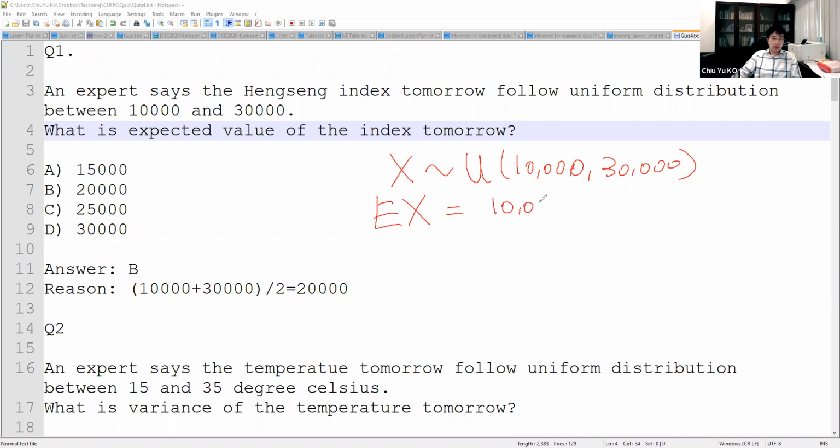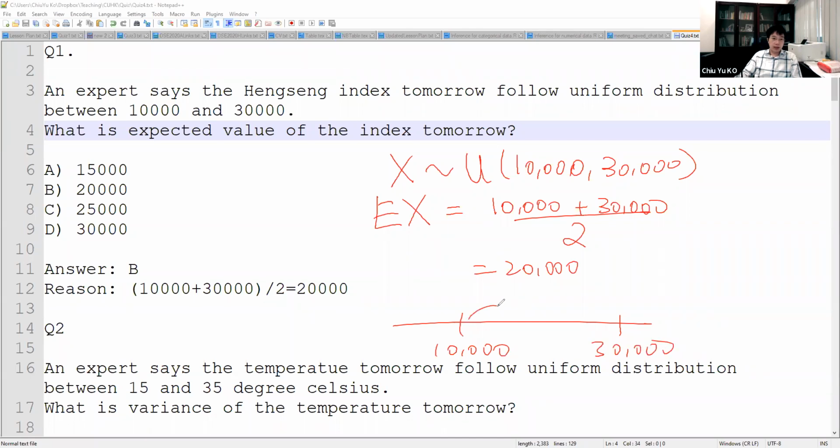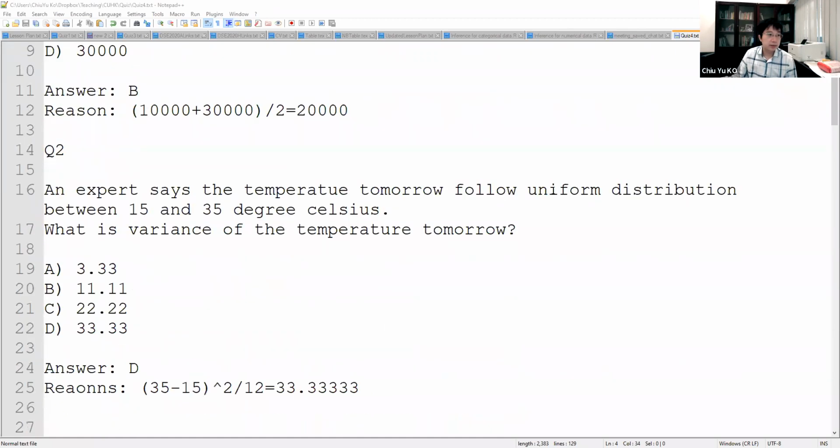Just 10,000 plus 30,000 divided by 2, so it's 20,000. Okay, because uniform, right? So it's just basically any number between these two numbers are equally likely. So the mean will be just the middle point, the midpoint. Okay, just nothing but a simple application of that.